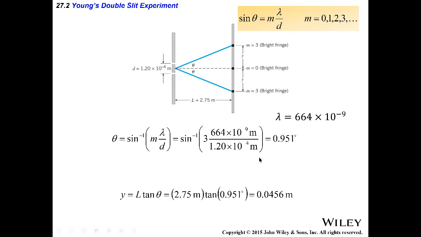It is about 1 degree. And the y distance, by trigonometry, is y equals L tangent of theta. They already told you the screen is 2.75 meters away, and you discover that indeed this third bright fringe is 4.5 centimeters.